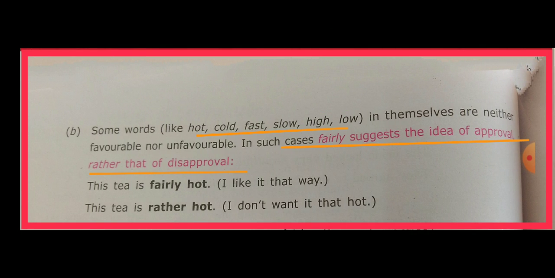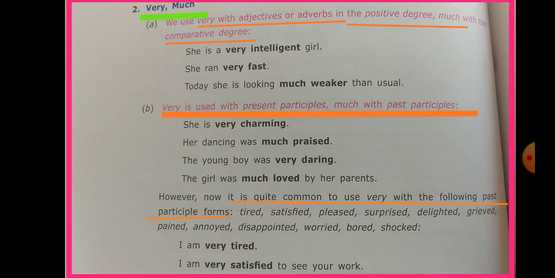Some words like hot, cold, fast, slow, high, in themselves are neither favorable nor unfavorable. In such cases, fairly suggests the idea of approval rather than disapproval. Means with such words we can use fairly and rather, but it depends on the sense of the sentence.